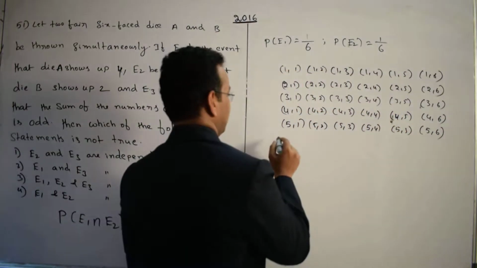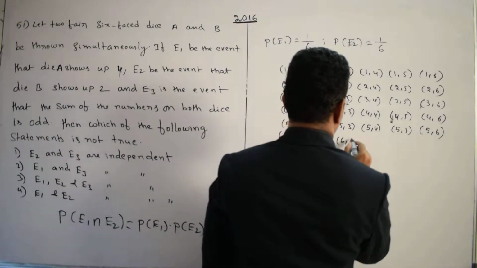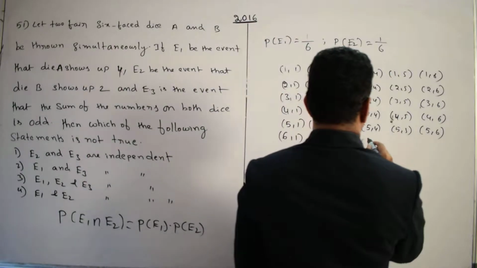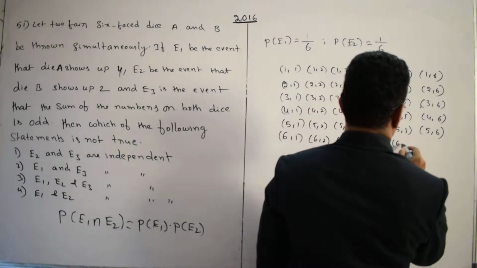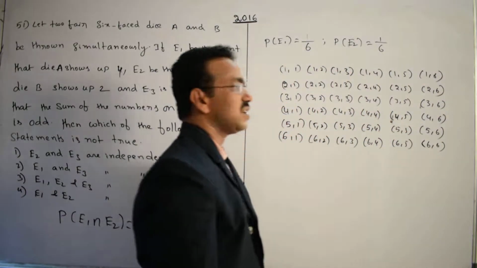Last one, 6 1, 6 2, 6 3, 6 4, 6 5, 6 6. These are the 36 possible outcomes.